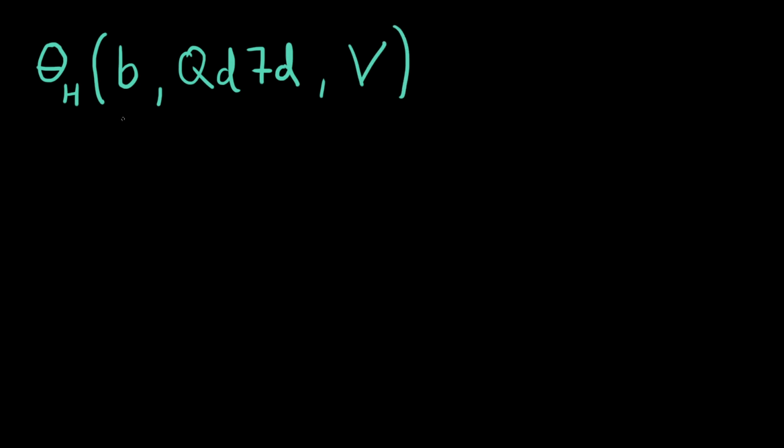The showdown function for hero, given board B and hero's hand, which once again was the queen of diamonds, 7 of diamonds, and villain's hand is a random variable, let's call that V. This B, just to be more thorough, is the queen of clubs, jack of hearts, 10 of diamonds, and the 5 of diamonds.